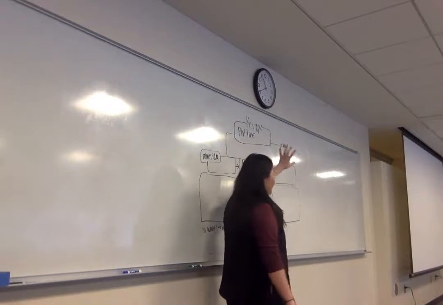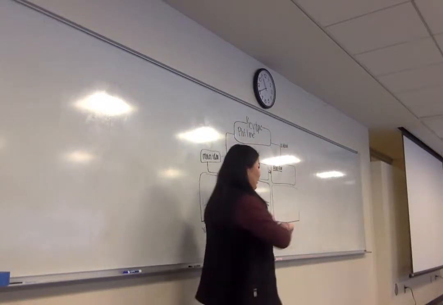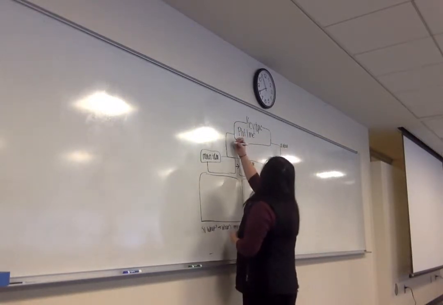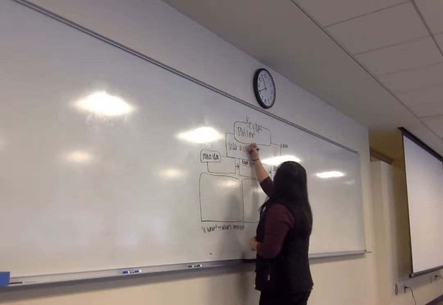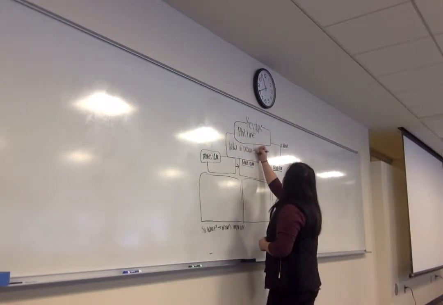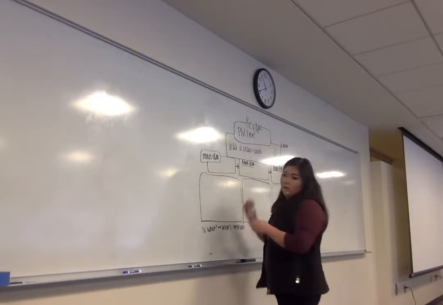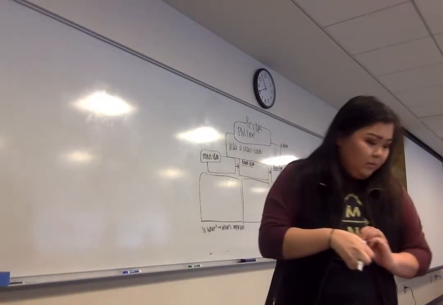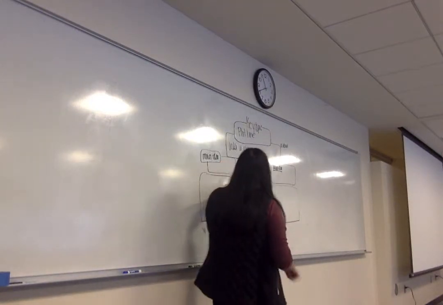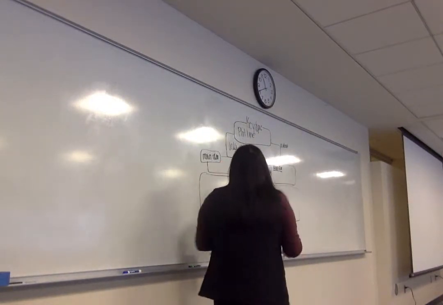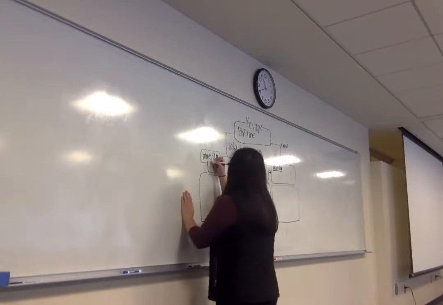So plot line is about the order of main events. Awesome.